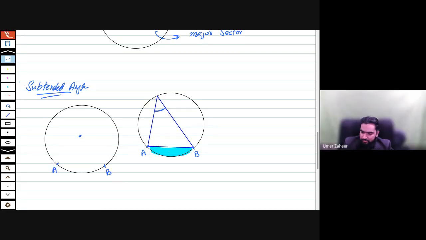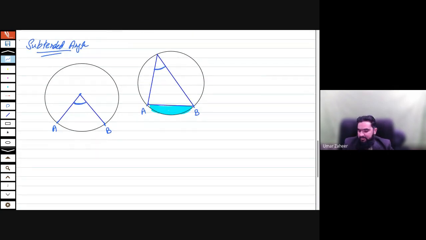In the same way, if you draw an angle at the center, it is also the subtended angle from the arc. This subtended angle is known as the central angle or center angle.